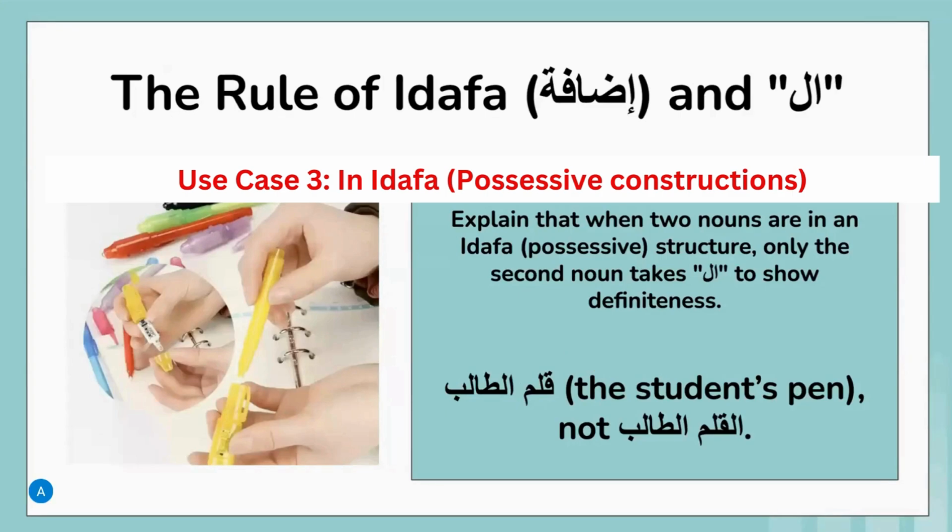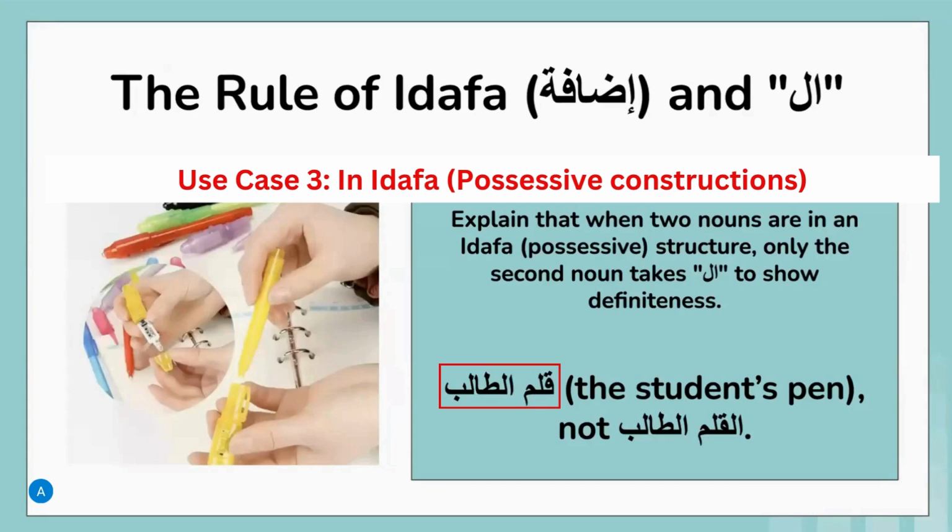The phrase qalam at-talib means the student's pen. Here, at-talib means the student, and the word preceding it, qalam, means pen. So when these two words are joined together in this way, first the qalam and second the student, it becomes the student's pen.